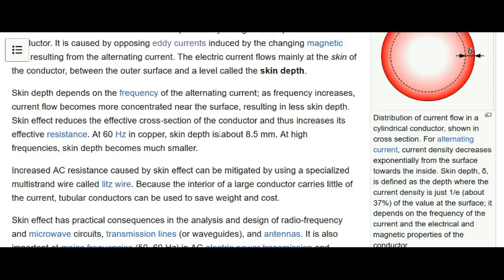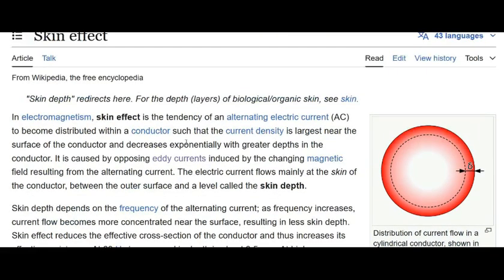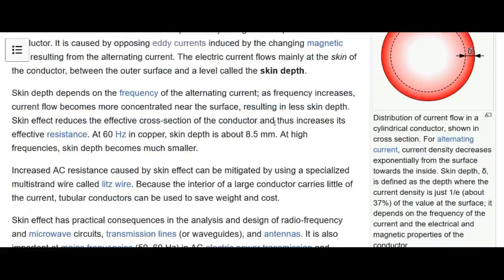So in other words, unless you have a wire about more than 1.7 centimeters in diameter, you're not going to run into significant skin effect at 60 hertz. 600, 6,000, 60,000, you're going to run into a heck of a lot.